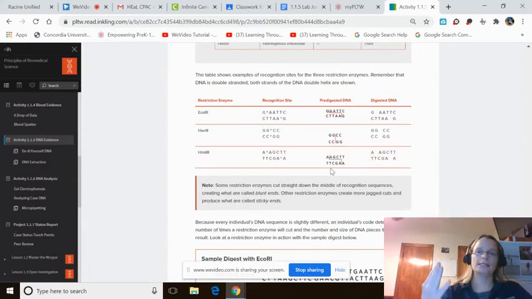That's called leaving sticky ends. The one we're going to use is HaeIII. It's a very common one, and it cuts straight down. It leaves a blunt end. When you have sticky ends like this, things are going to want to fill that in. But when you have a blunt end, it's fine. Nothing wants to fill it in because there's nothing left unpaired.